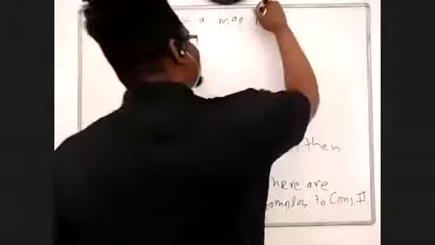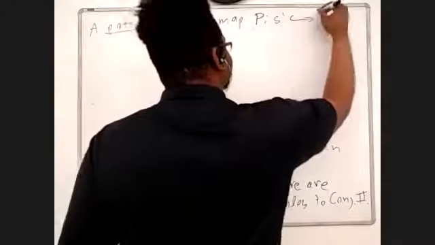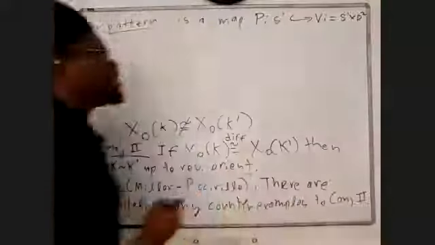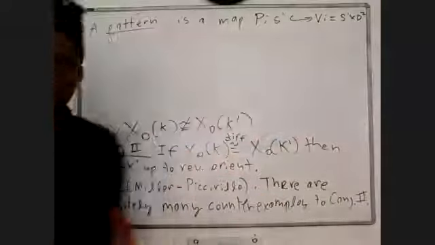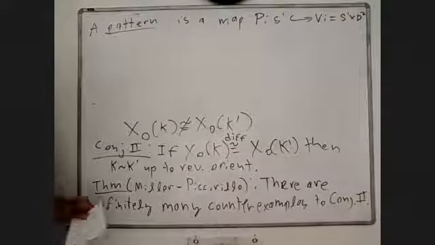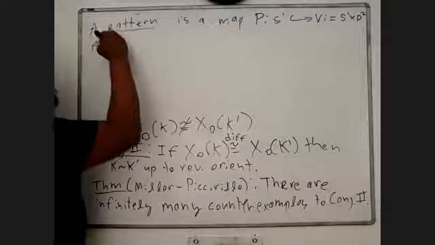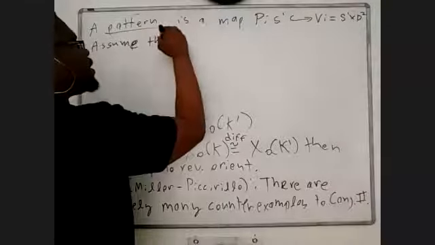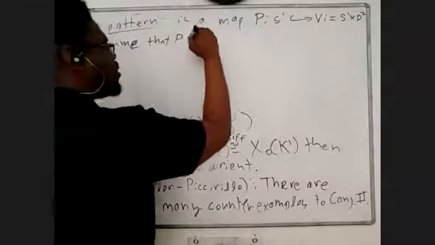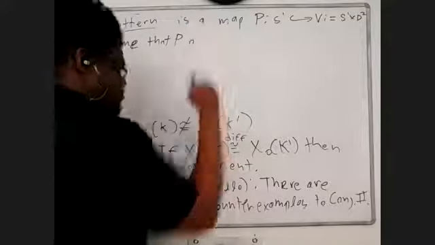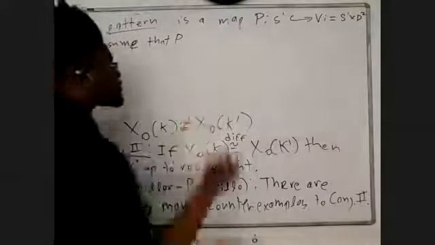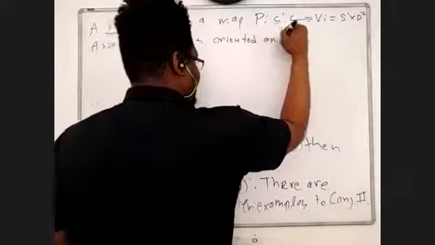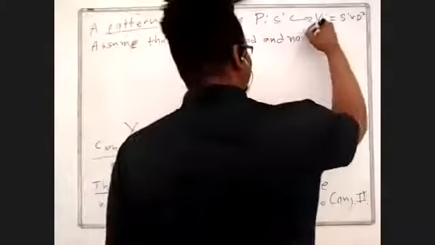We're going to use V for the solid torus. And for this talk, we're going to assume that all our patterns are oriented and that they are not null homologous.